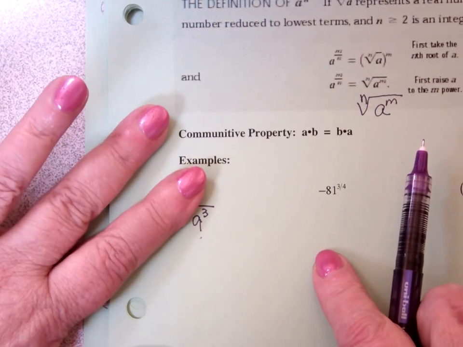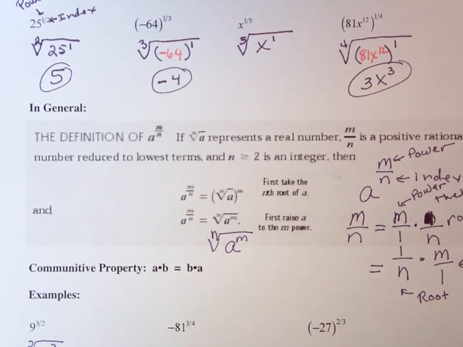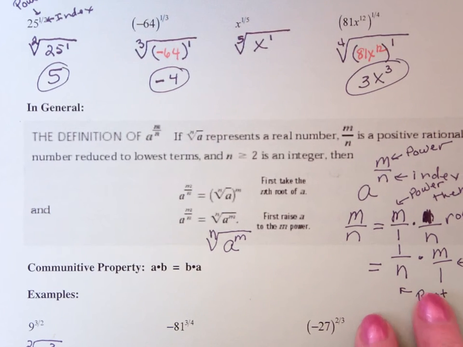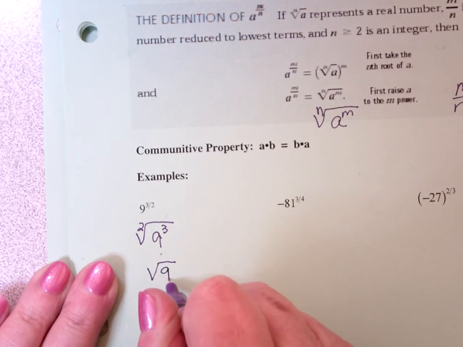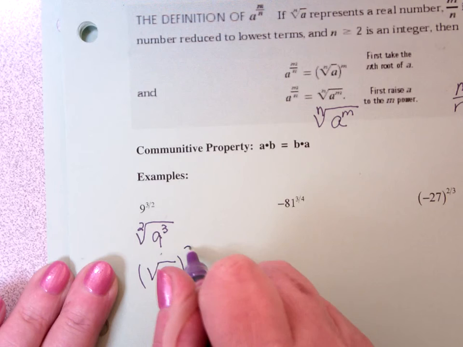Power first, then root. But you can root then power because of the commutative property of our number system. I could actually write it this way instead: root first, then power.